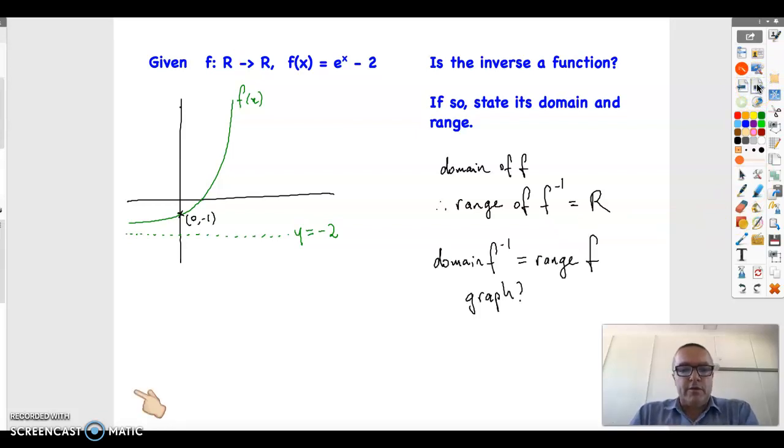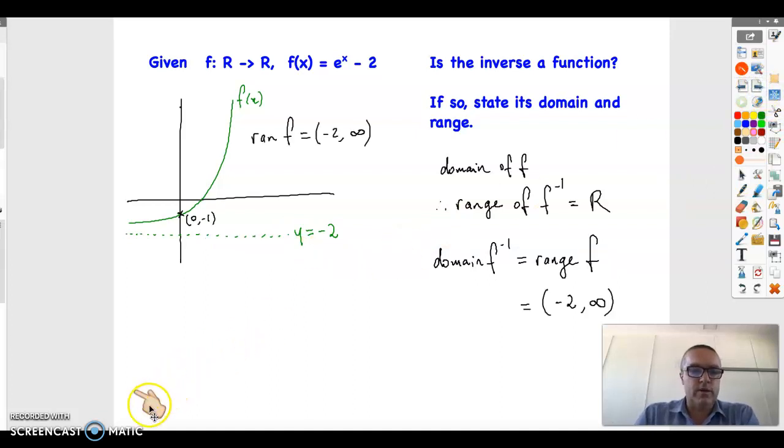If we're thinking about the domain of the inverse, that's where we need to look at the range of the function. And so we go back to the graph. What does the graph show us about the range? We can see we're looking at an exponential function here with a horizontal asymptote. What's the range of that graph? Its range is -2 to infinity, not including -2.